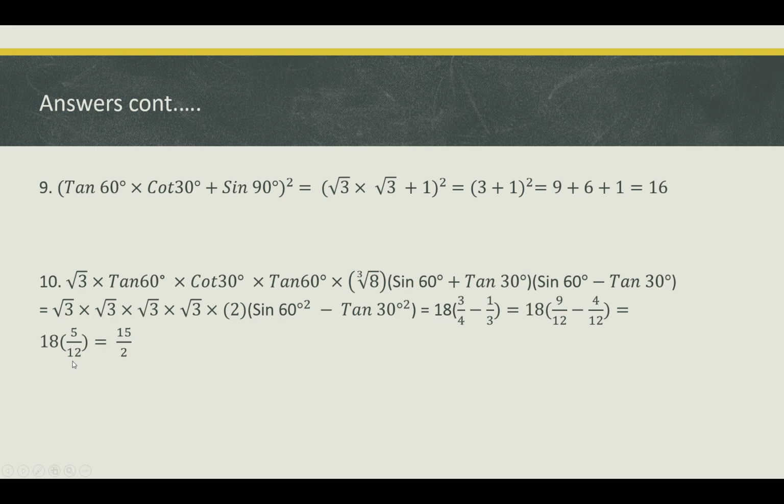And then upon cancellation or simplification, in the numerator I get 2 and in the denominator I get 3 multiplied by 5, which is equal to 15 by 2, just as I stated here.